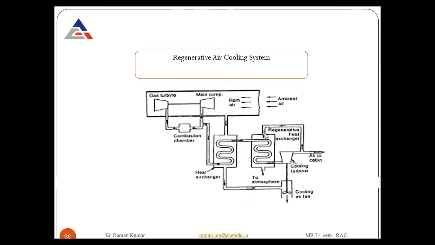So this regenerative type air cooling system is mostly used in supersonic aircraft and in supersonic missiles. We will draw this TS diagram of this regenerative type air cooling system. Hurry up.